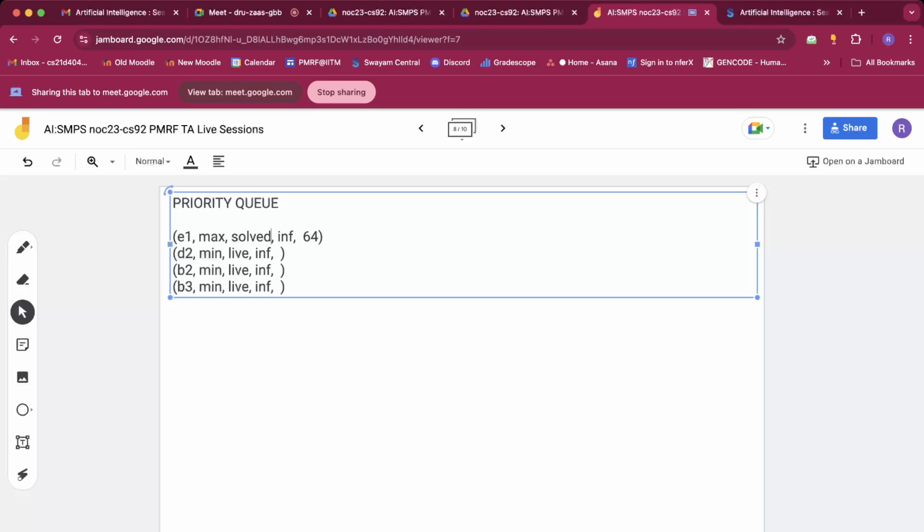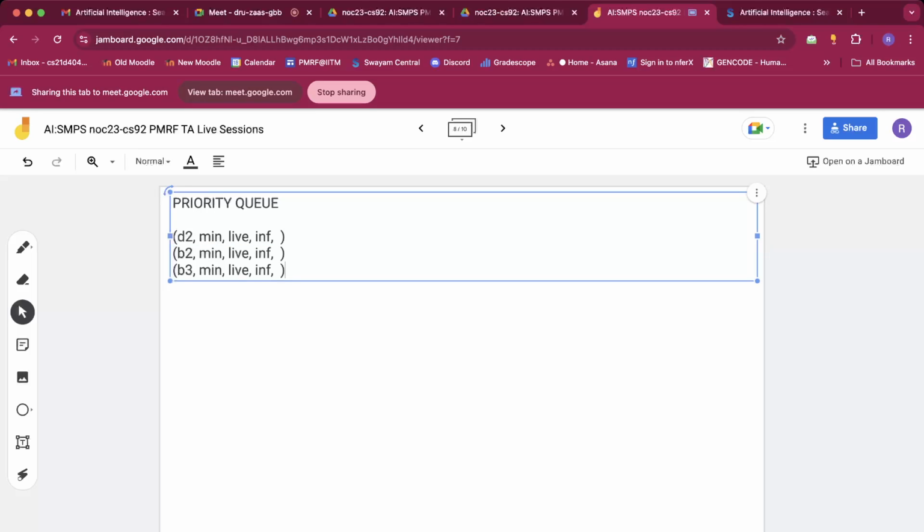We will change its bound from infinity to 64 and then we will add it to the back of the queue. So this is what our queue looks like at this point of time. We have D2 at the front, followed by B2, B3 and E1, which has been solved, at the bottom.